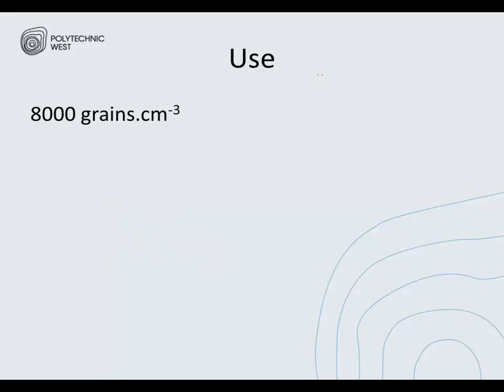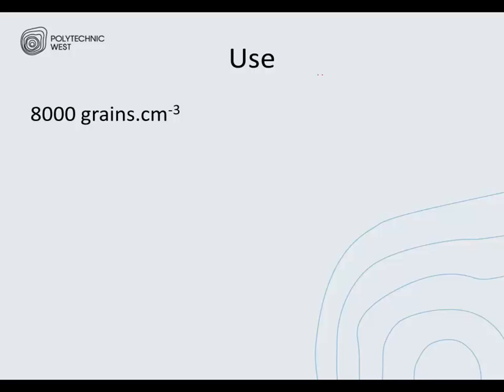Now, where scientific notation comes really useful is when we're doing sums with really big numbers. Let's take that calculation to find the number of grains of sand in the world. There are a few assumptions here. Firstly, I assume that there are 8,000 grains of sand per cubic centimetre.